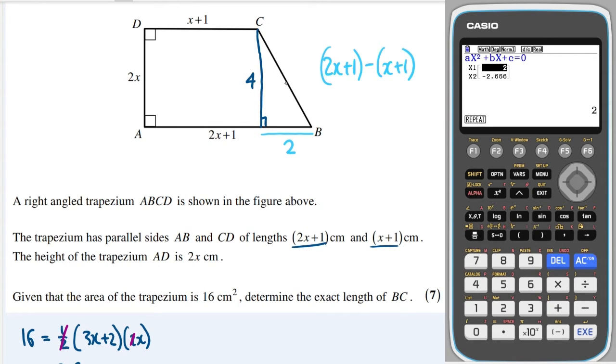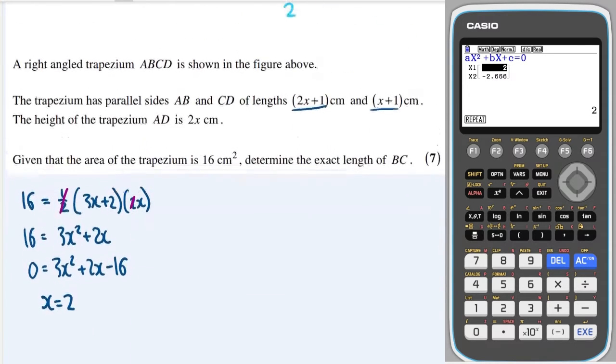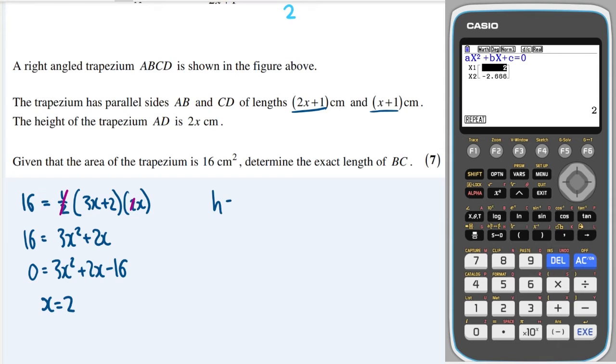So therefore we've got a right angled triangle. The hypotenuse is going to be the root of 4 squared plus 2 squared. So BC is equal to the square root of 4 squared plus 2 squared, which is equal to the square root of 16 plus 4, which is 20. So that's equal to 2 root 5.